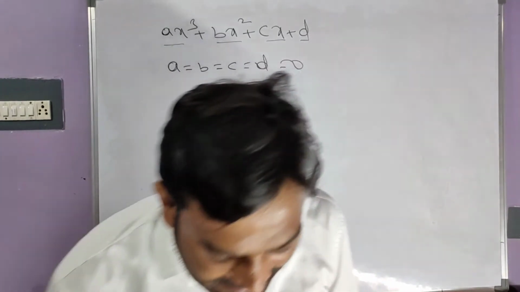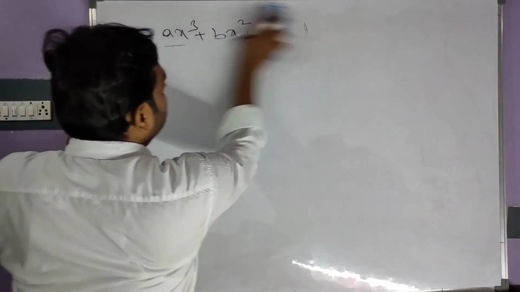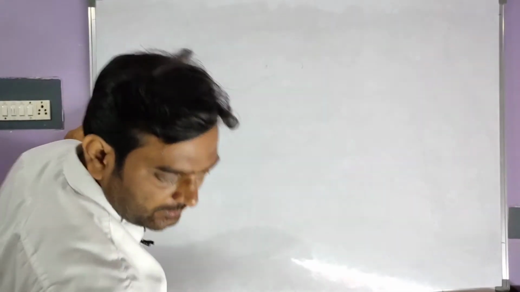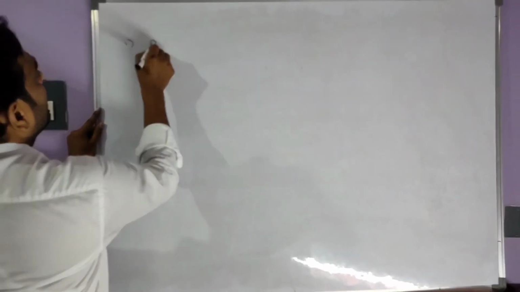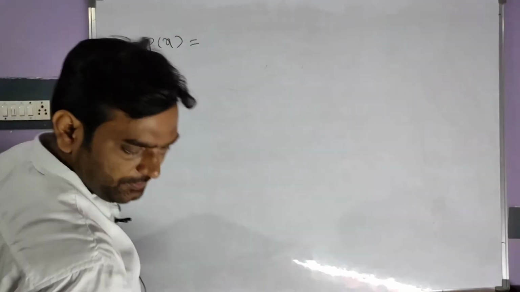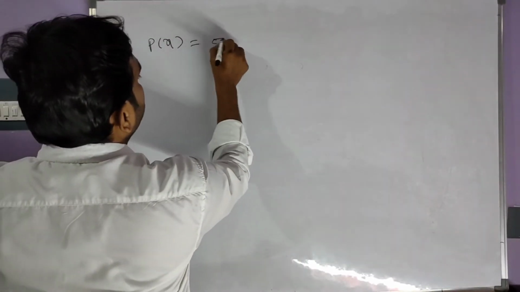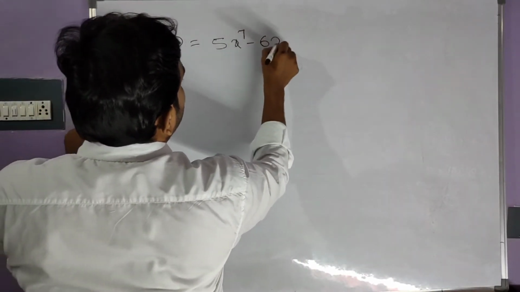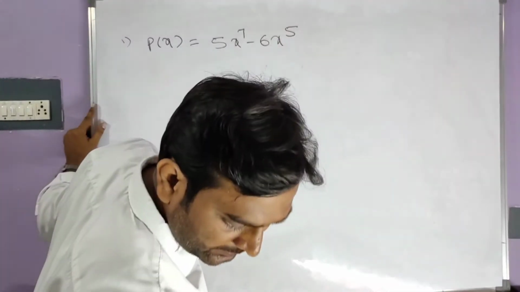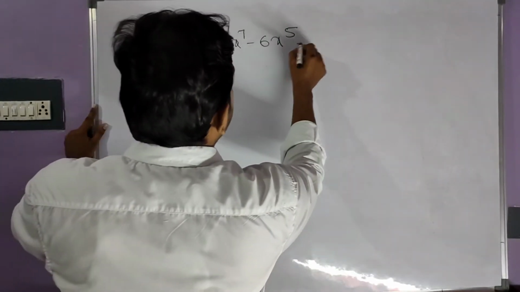Now coming to exercise 3.1. Given that p of x equals 5x power 7 minus 6x power 5 plus 7x minus 6.